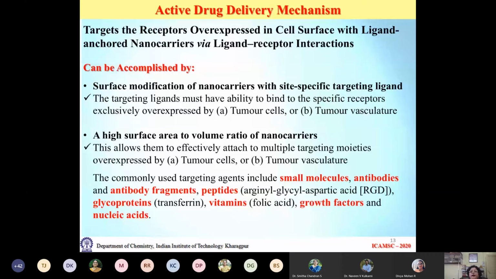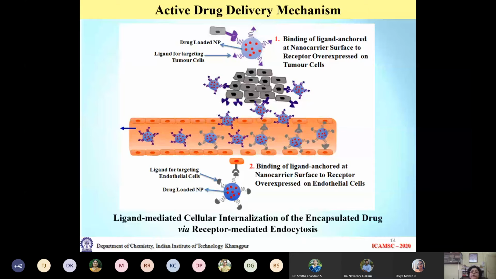But you have to remember, I can use folic acid as a ligand for the folate receptor, but if I have to target the cell at the tumor site, I can only target those tumor sites where the folate receptors are overexpressed.